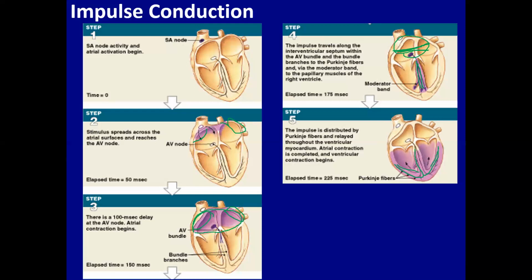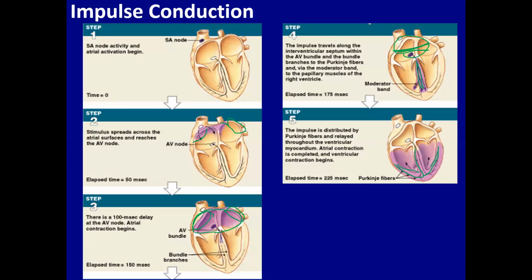It keeps traveling, and then also notice in step 4 that it hits the moderator band, right? Remember that moderator band is going to help with the contraction on the right side. And it helps with the papillary muscles and the contraction of the papillary muscles.